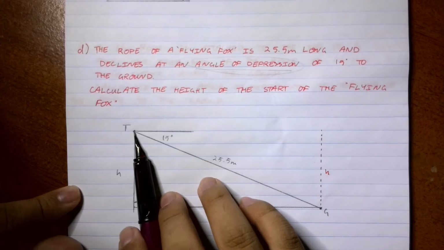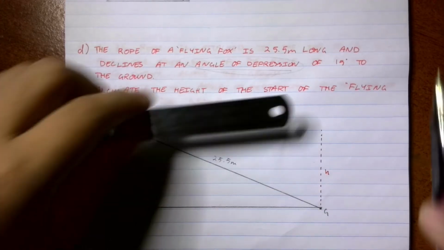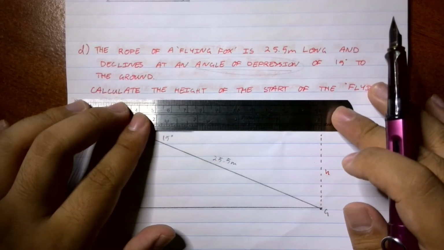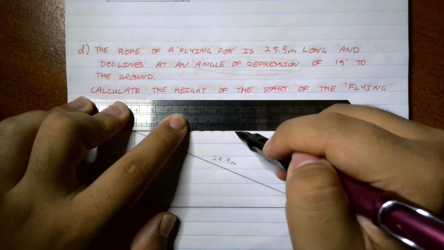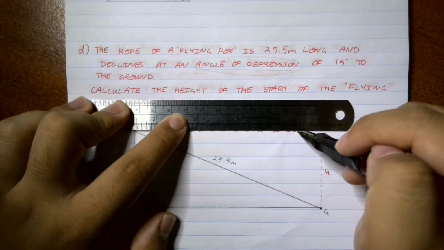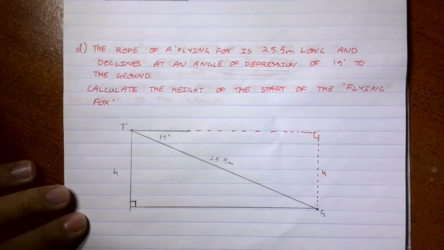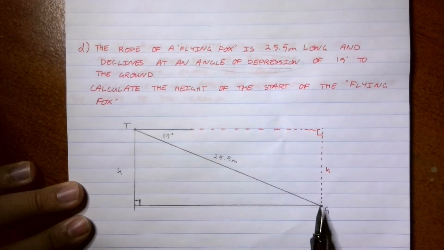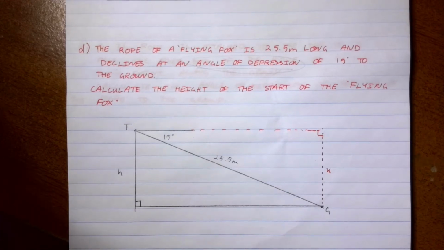And if I draw a parallel line here, parallel to the ground, then we would have made the exact same triangle, just mirrored on the other side, like so. Can you see the triangle? It's a bit in red there. Let's use that and see what we come up with.